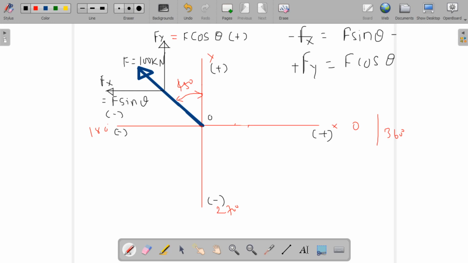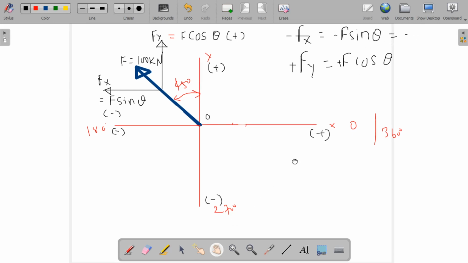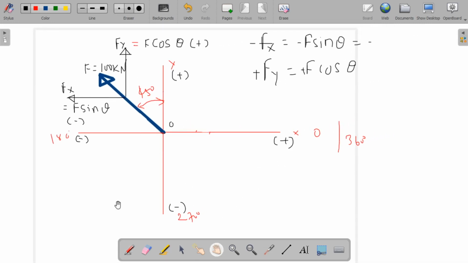Now you have to just put the values. Now take the sign convention. Minus f, f is given, that is 100 kilonewton, so I just take the value 100, and sine angle is 45. Now again f, that is plus 100 and cos 45.